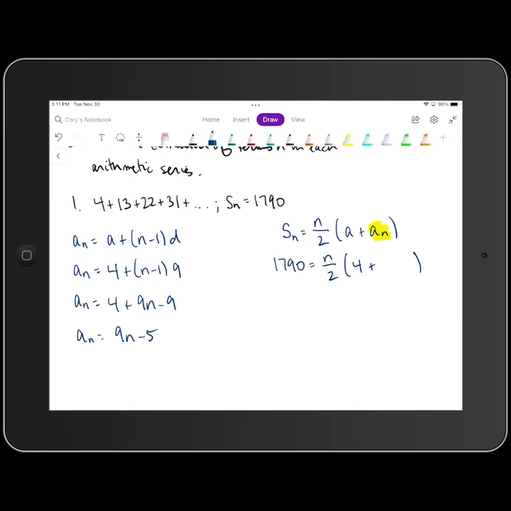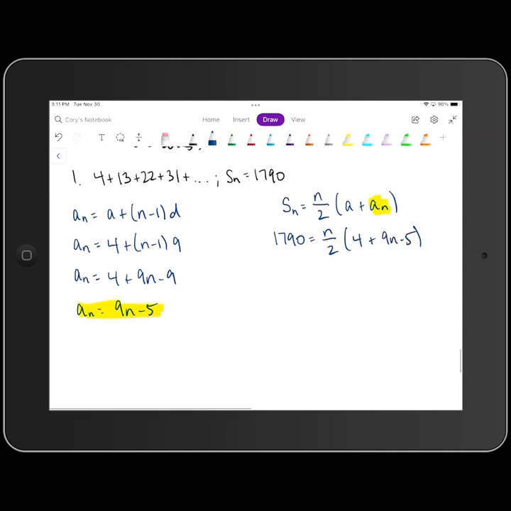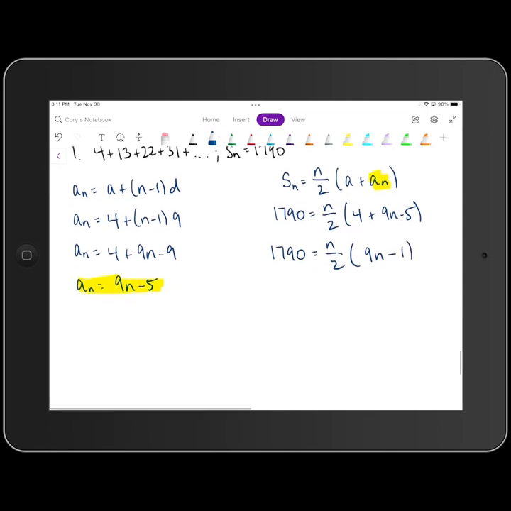Okay, and then once we know that is a sub n, we can plug that in the place of a sub n in that sum formula. So we're going to plug in 9n minus 5. What that gives us is 1790 is equal to n over 2 times, whenever I simplify what's inside the parentheses, 9n minus 1. And then to get rid of the fraction here, I'm just going to multiply both sides by 2.